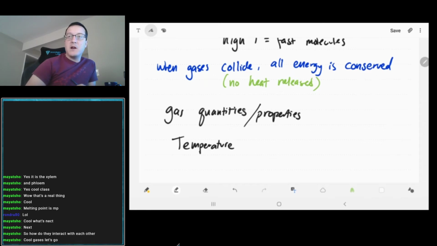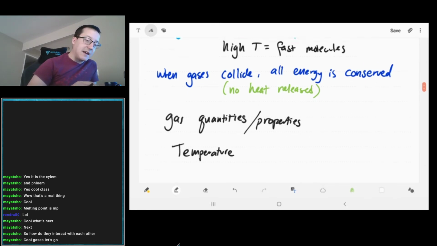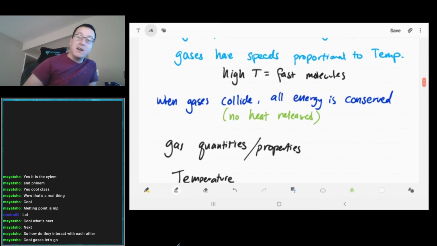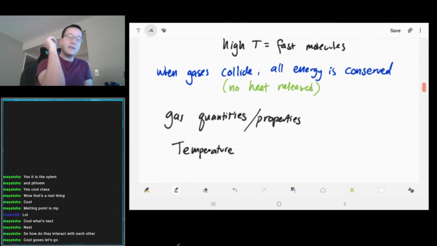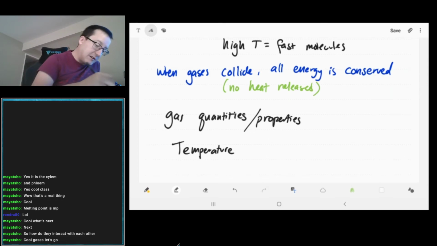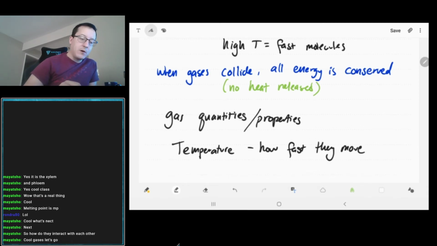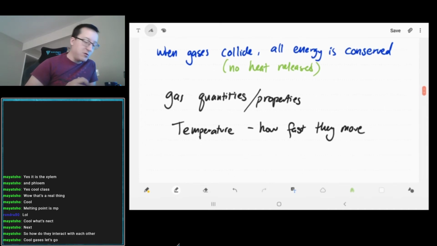That is one thing we can talk about with gases, because we see that temperature and the speed of the gases are proportional, they're correlated with each other. So this is one thing we're going to want to look at when we're talking about our gases. Temperature is how fast they move.